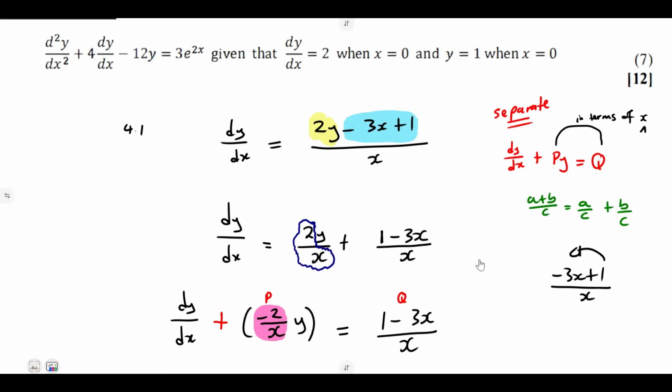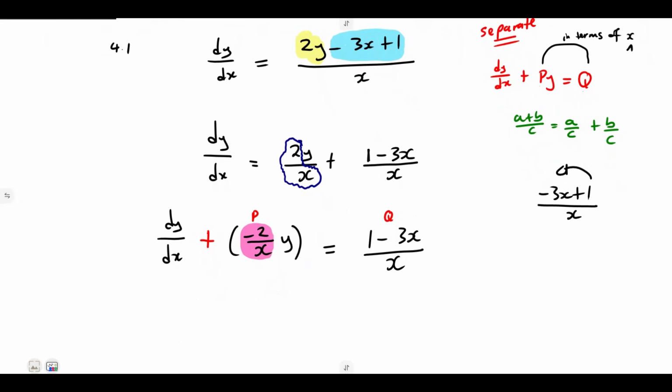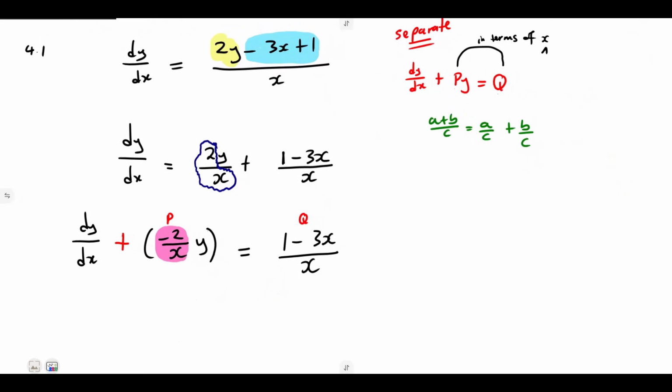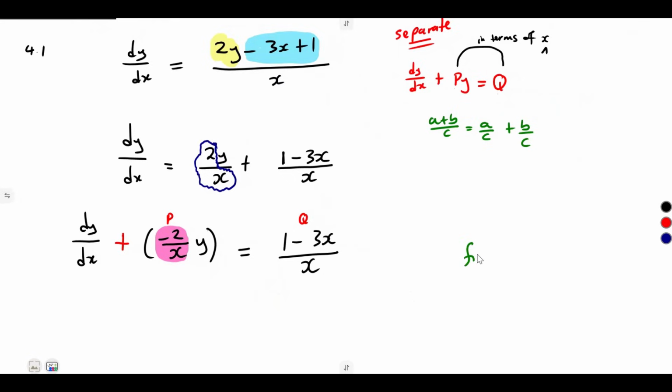So the first step was to rewrite in the normal format that we are used to, which is this format. From this format, it simply tells us that we have got P and Q separately. So you are going to determine what is referred to as the integral factor.